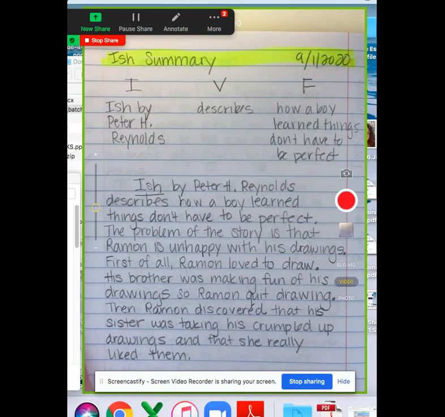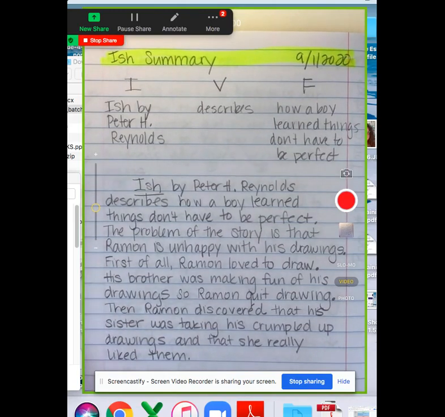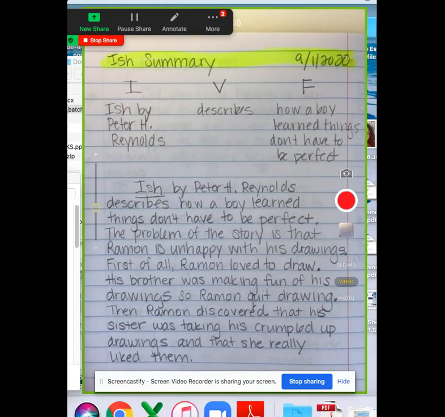His sister was collecting them, and she said that they were ish drawings. So they kept drawing ish things. Can you explain to the reader of our paragraph what the ish drawings mean? That they were kind of like what he was meaning to draw. Okay. Not exactly what he thought. Yes, not exactly what he thought.